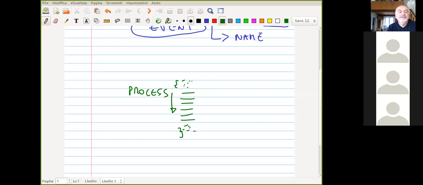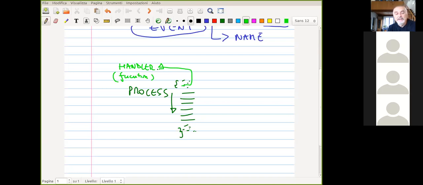The process is executing, but before executing the code lines, or to be more precise, just in the beginning, it decides a handler. This is a function.